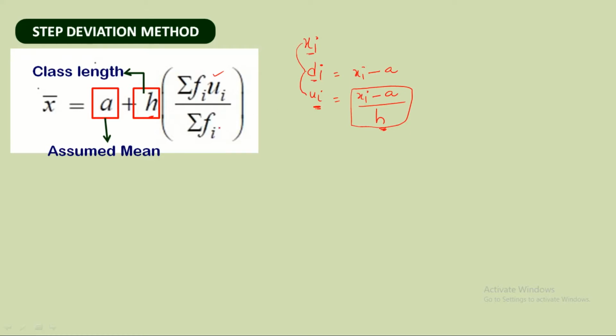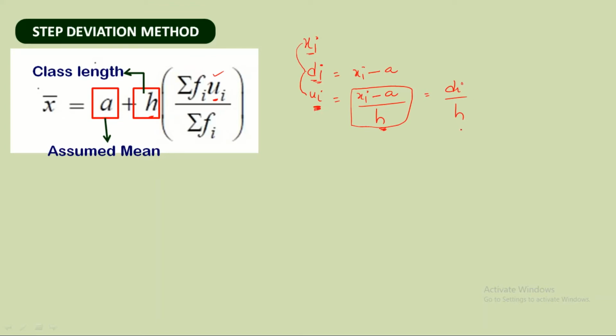I don't think there is much difference between the step deviation and the deviation method. The only change here is that instead of di, we have ui. The ui calculation depends on di; simply, ui is di by h. In order to find ui, we divide di by h.